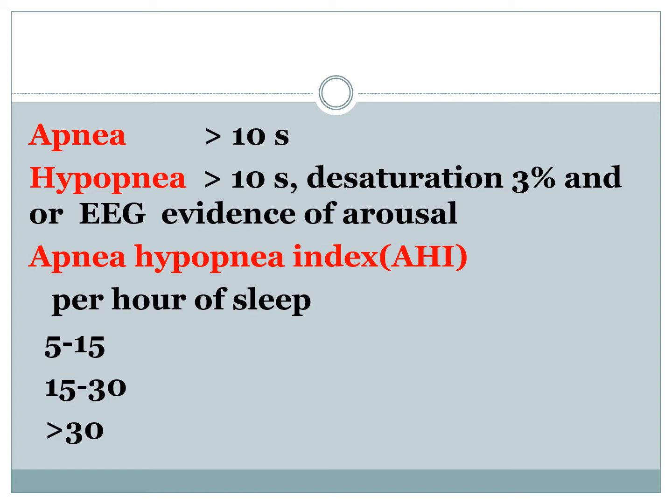Apnea-hypopnea index is defined as the number of hypopneas and apneas per hour of sleep and is used to classify obstructive sleep apnea into mild, moderate, and severe. 5 to 15 is a mild case, 15 to 30 is a moderate case, while more than 30 is considered as a severe form of obstructive sleep apnea.